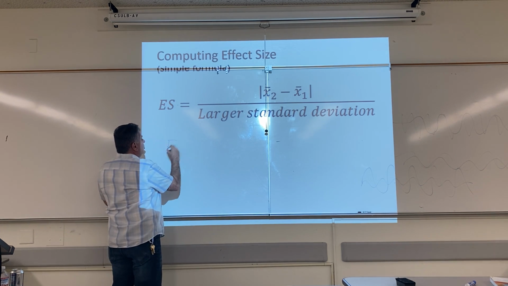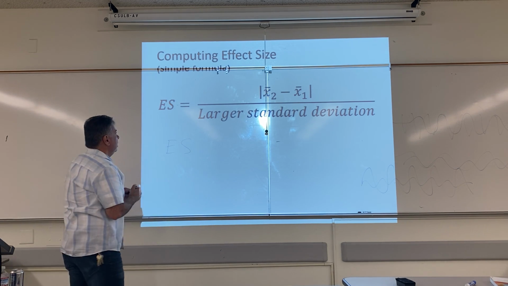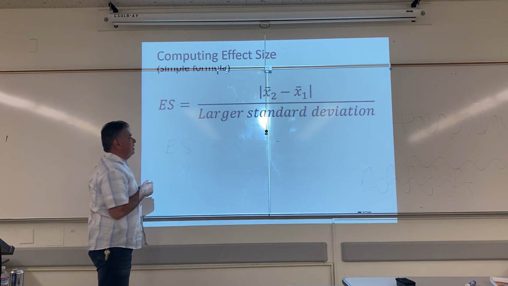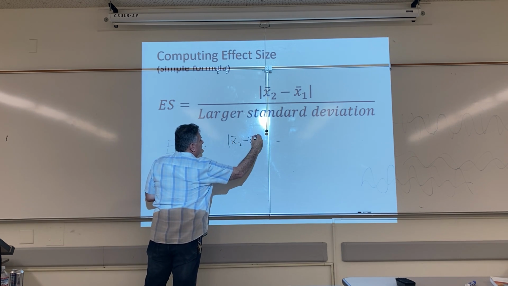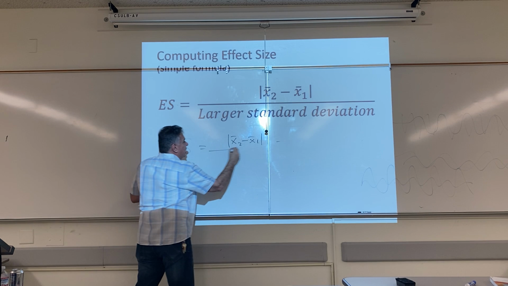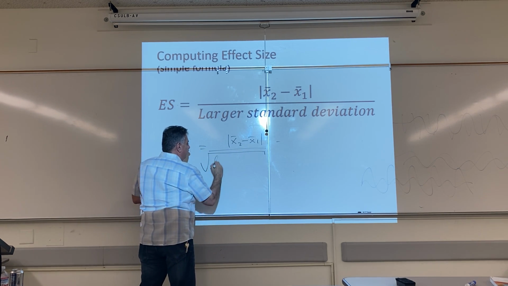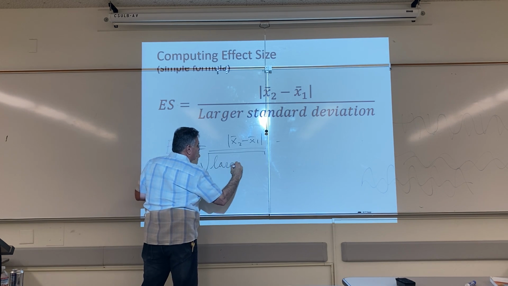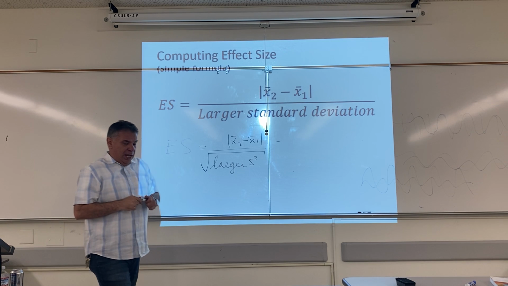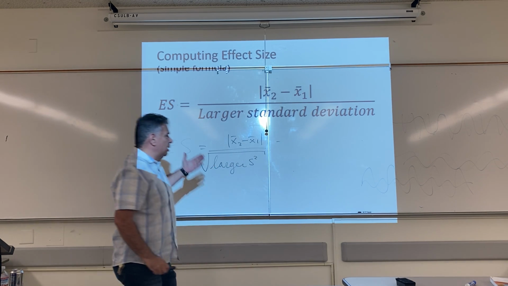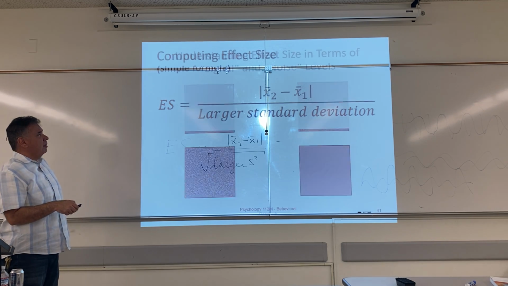So this is what you're going to do. You're going to solve for the effect size. How? You're going to take the absolute value of the difference between the two groups and divide by the square root of the larger variance. Let's take a look at the example that I gave you a little while ago, so we can figure this out.